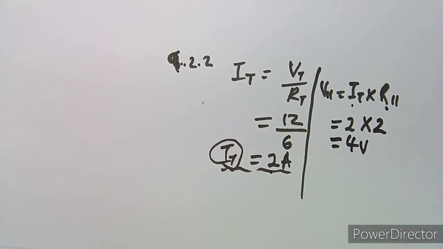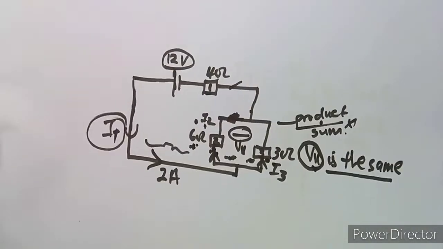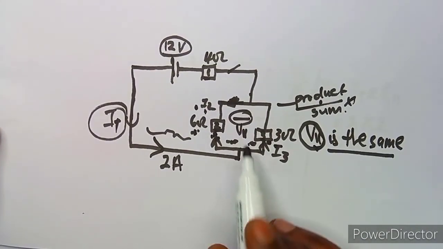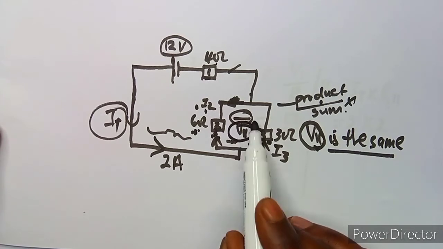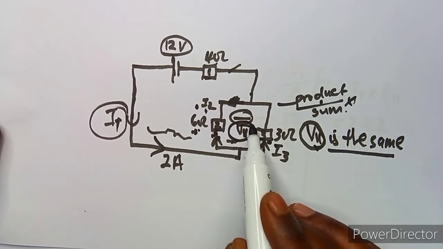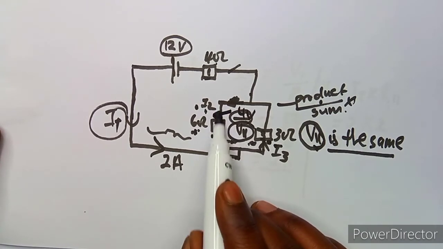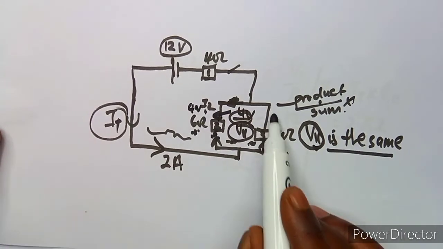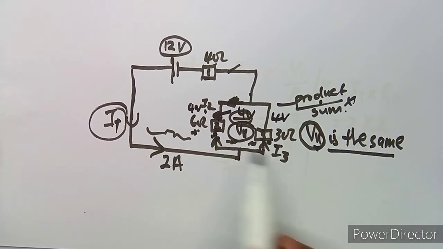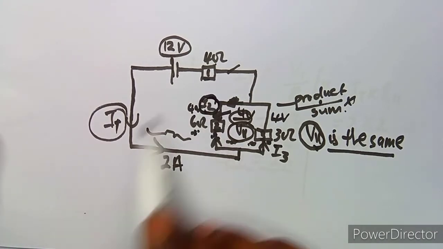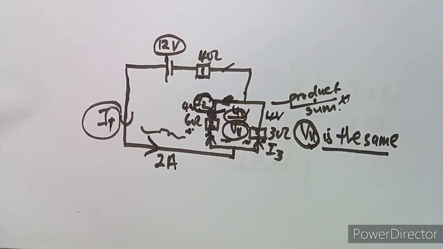So now I know that I have a voltage of 4 volts across this parallel circuit. There is a parallel voltage here of 4 volts, which is the same. Here I have 4 volts, here I also have 4 volts. So it's now easier for me to find the current I2 in resistor 2.